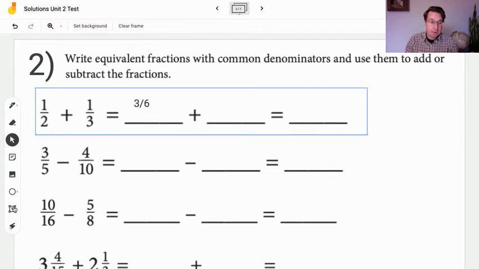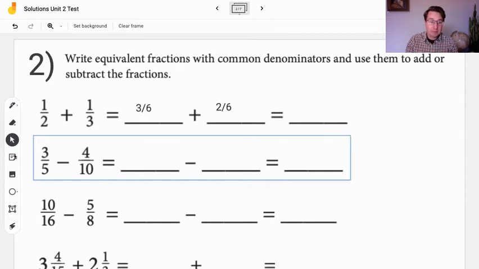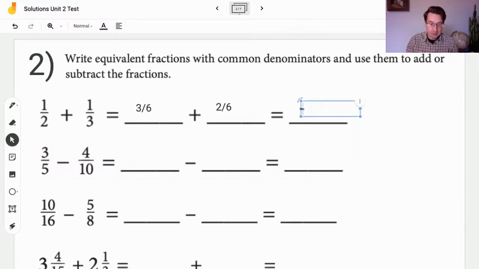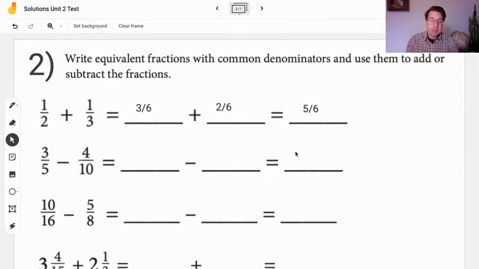And for 1/3, 3 times 2 is 6. 1 times 2 is 2/6. 3/6 plus 2/6. 3 plus 2 is 5/6.